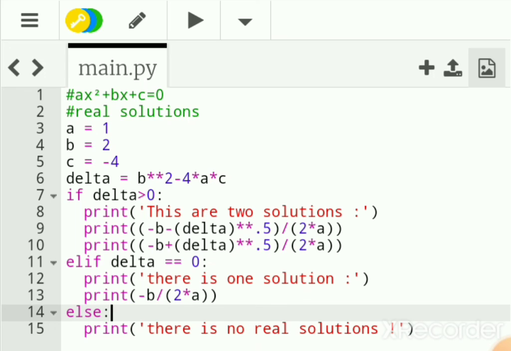So we prefer else, and the machine will check if this condition is satisfied or not. So these are the three keywords to use in our condition. This is our program for solving this type of equation using conditional statements.